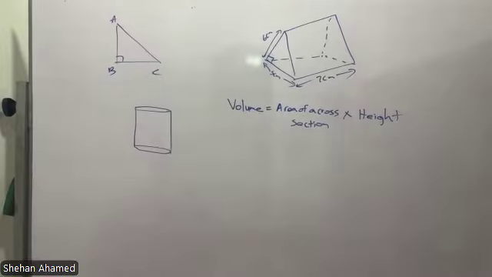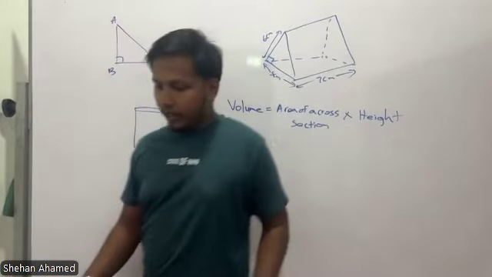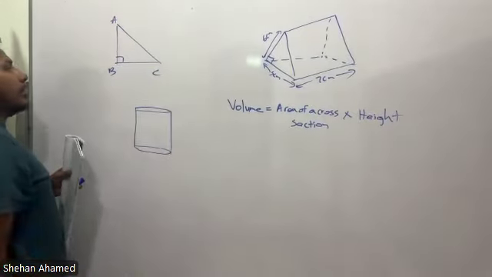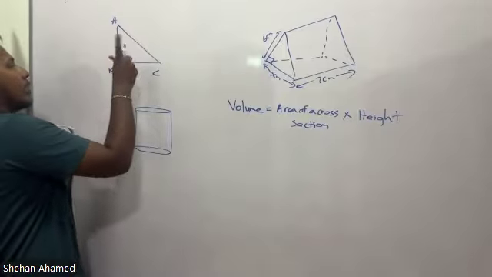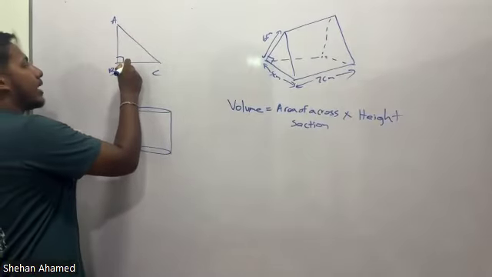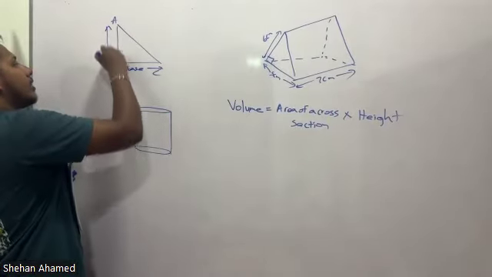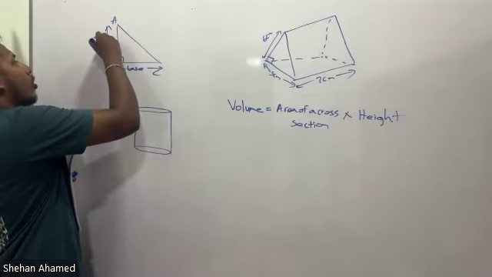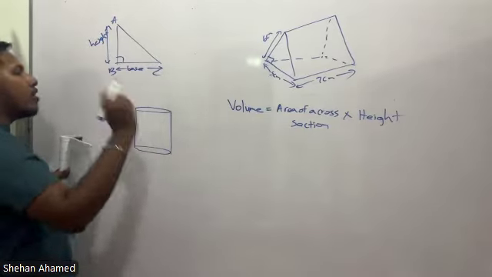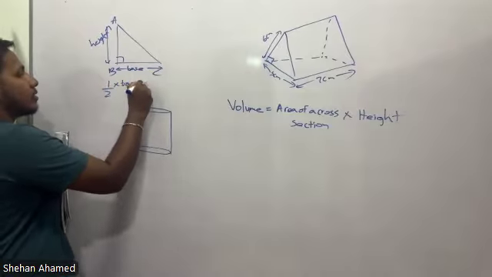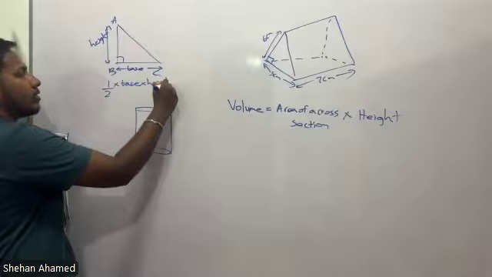Right. Now, think this is the triangle. This is called as the base. And this is the height. So, according to this section, the area of triangle is half into base into height.